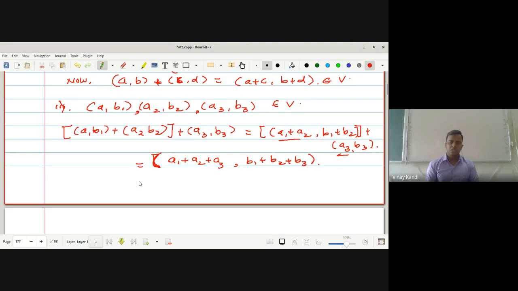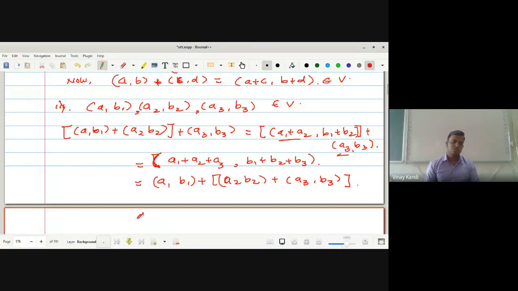So this element we can write as (A1, B1) plus ((A2, B2) plus (A3, B3)). Hence the associative law holds.